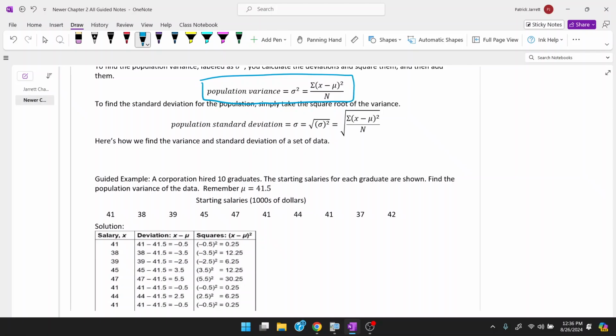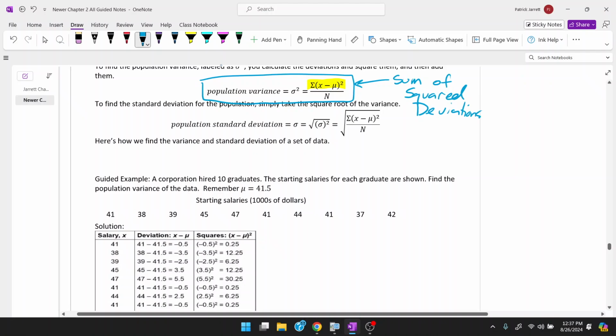This part here is what you call the sum of squares, the sum of squared deviations, and you divide it by how many there are. And all you have to do to get the standard deviation is take the square root of that.